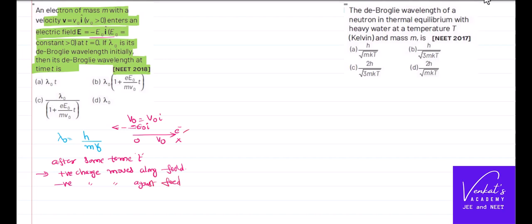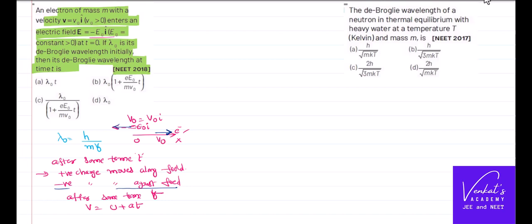Being an electron, a negative charge, when the electric field is applied like this, the electron moves continuously against the direction of the field, because it's a negative charge. So after some time t, v can be calculated as u plus at.